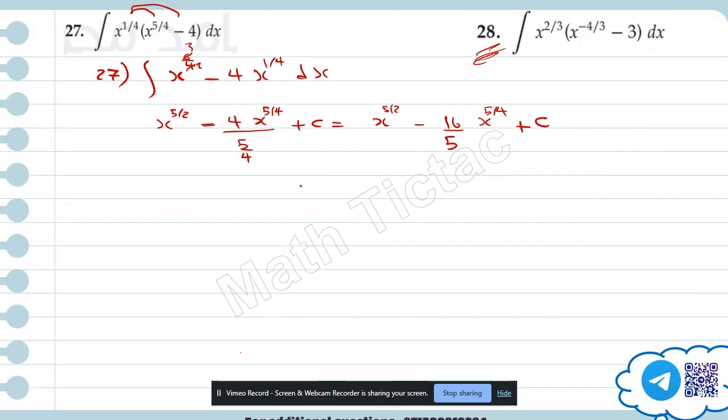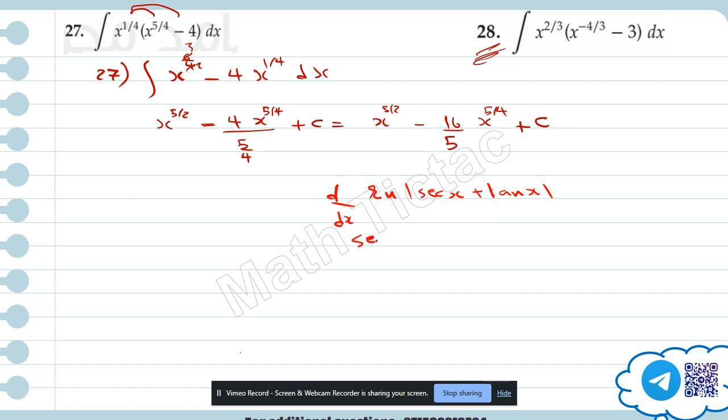So derivative d over dx of ln sec x plus tan x. So this is equal to the derivative of what inside.